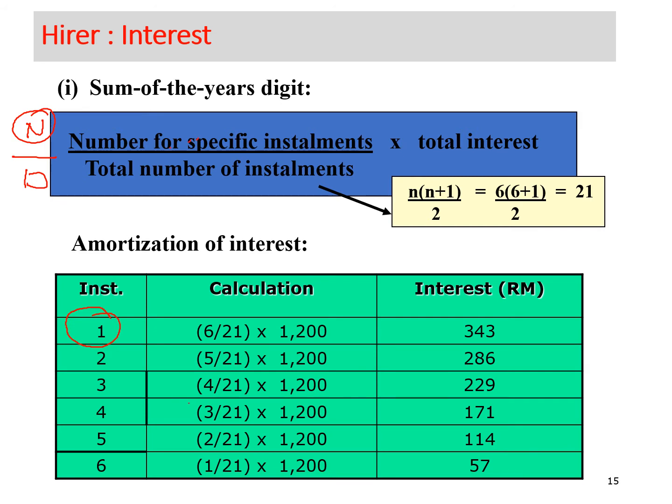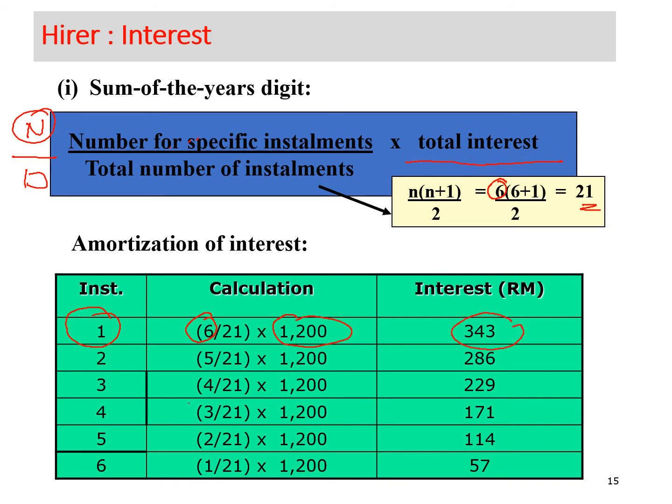The remaining number of installments at the beginning of the first installment is 6. So your numerator is 6. Then your denominator is the total number of installments. How do you get it? You take n times n plus 1 divided by 2. So n is 6. So 6 times 7 divided by 2, you get 21. Then you times your total interest. We have computed the total interest is 1,200. So for the first installment, the interest is 343.